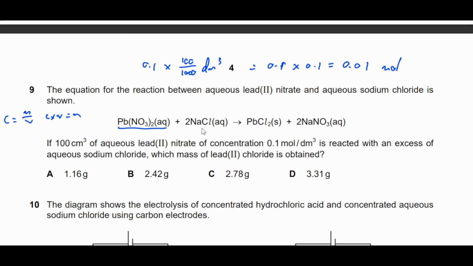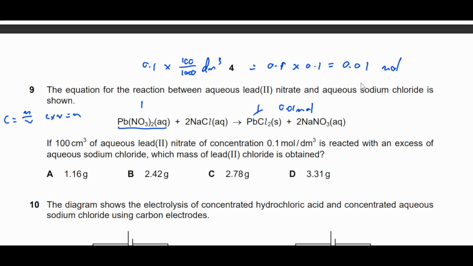right? So after you do that, to find the mass of lead chloride, you need to use the equation to look at the molar ratio. So in this equation, you see that if you have 1 mole of lead nitrate, you will get 1 mole of lead chloride. So if you have 0.01 mole of lead nitrate, you will have also 0.01 mole of lead chloride, sorry. Okay. Now you have the moles of lead chloride.